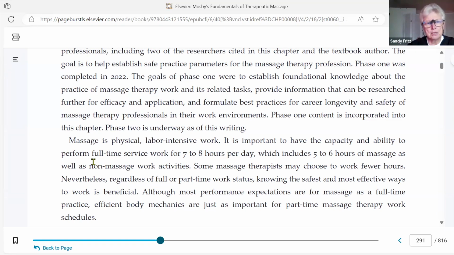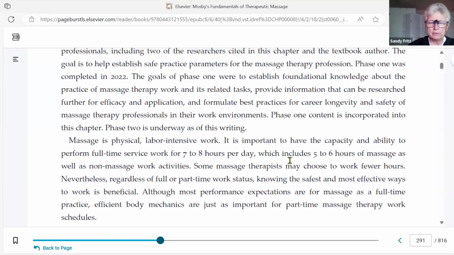The difference is that in other occupations, the typical workday is 7 to 8 hours with a lunch break or a couple of other breaks. For massage, it still might be a 7 to 8 hour workday, but it is only going to include about 5 to 6 hours of massage if it's a full-time day.